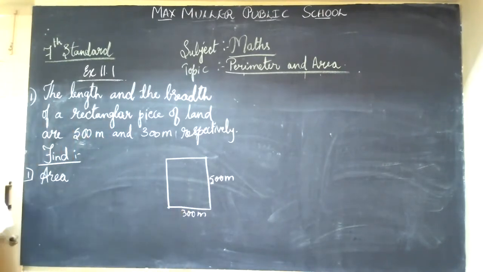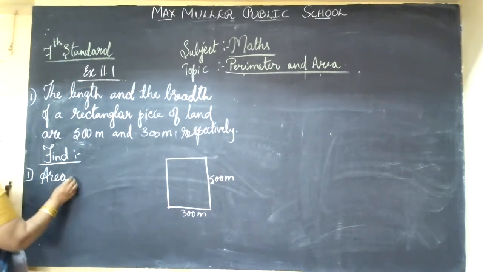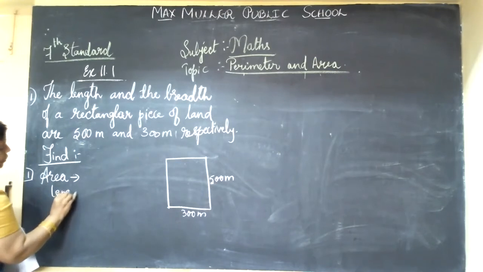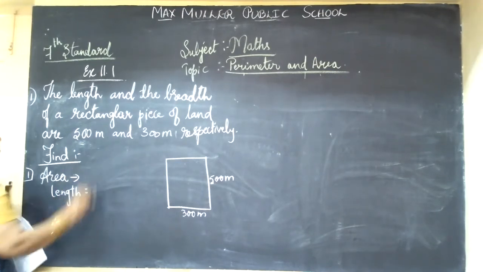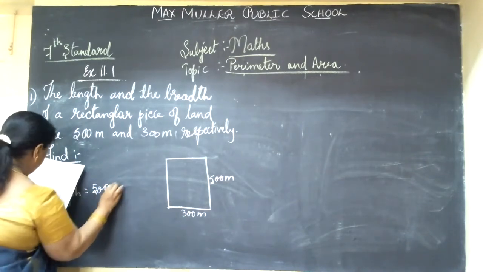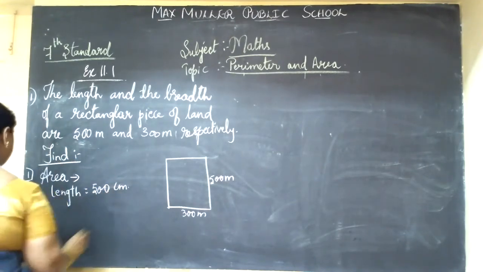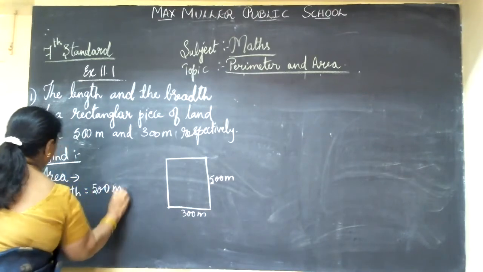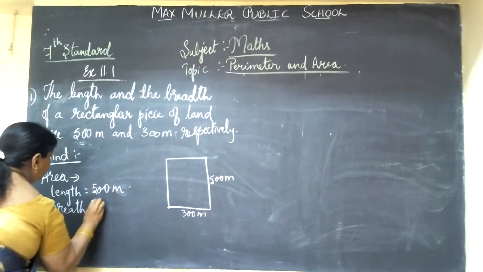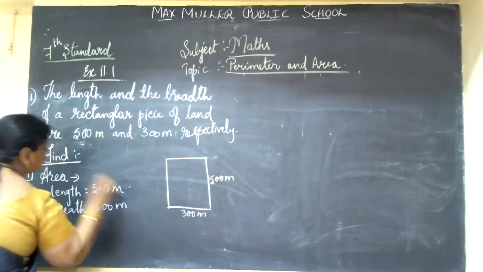Now, first they have asked you the area. What is the area of this? Length is equal to how much? 500 meters, and breadth is equal to 300 meters.